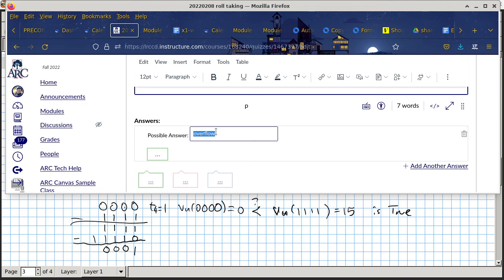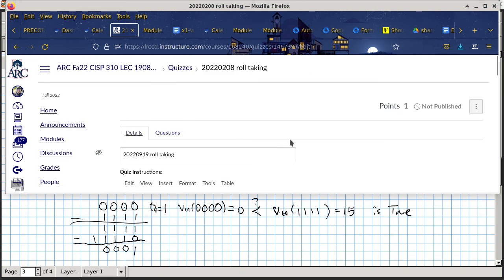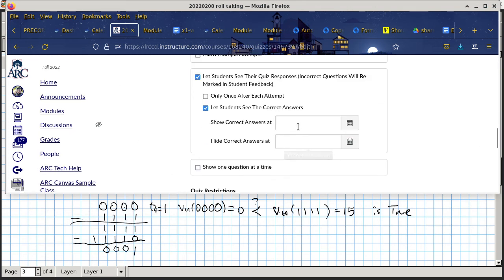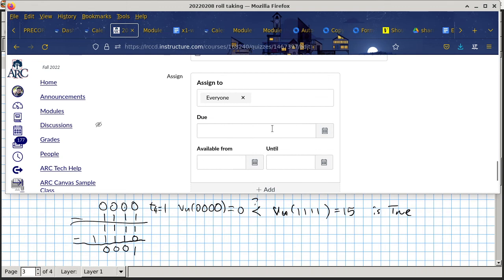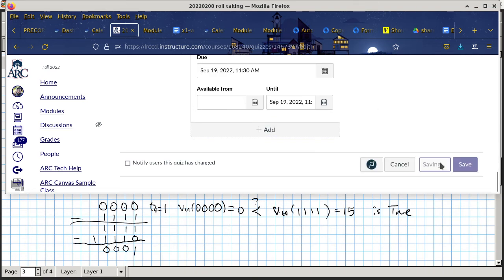So overflow is the word. And I'll give you guys some time to answer this. So I'll give you until 11:30 to answer this question. Save and publish.